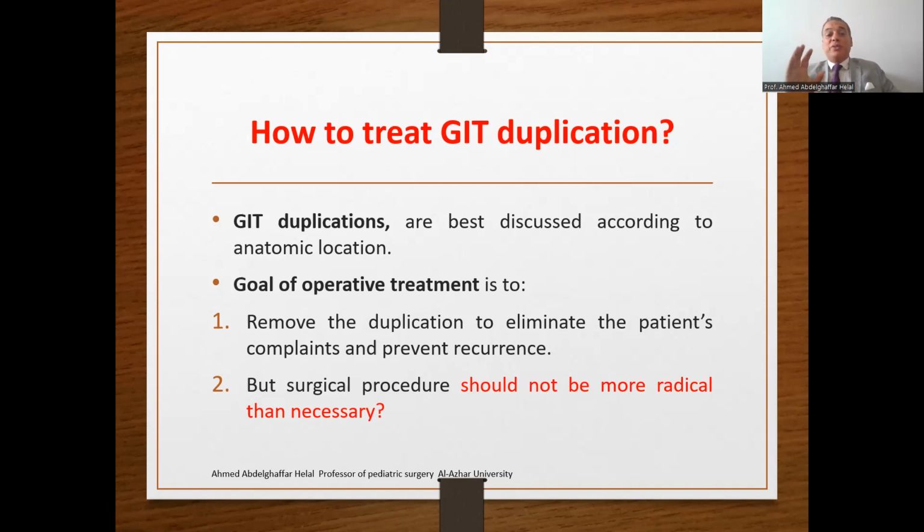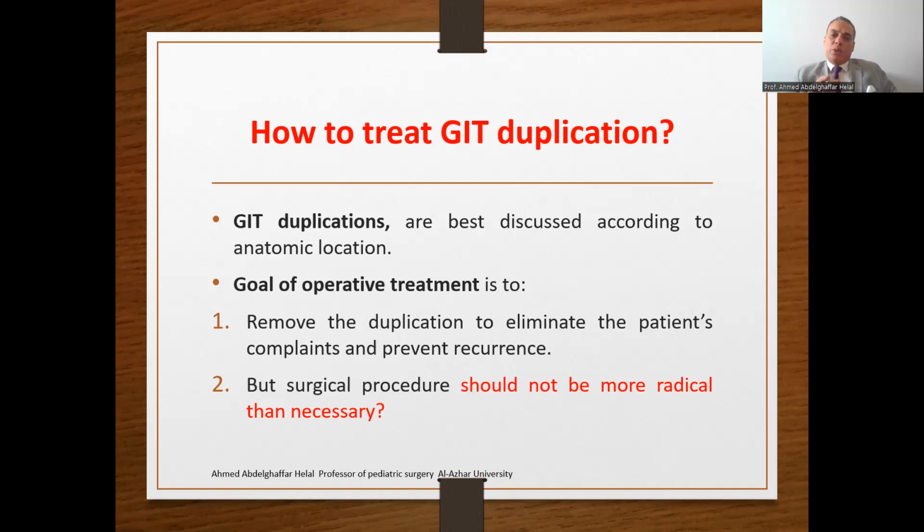The goal of operative treatment is to remove the duplication, eliminate the patient's symptoms, and prevent recurrence. However, the surgical procedure should not be more radical than necessary, to avoid complications.